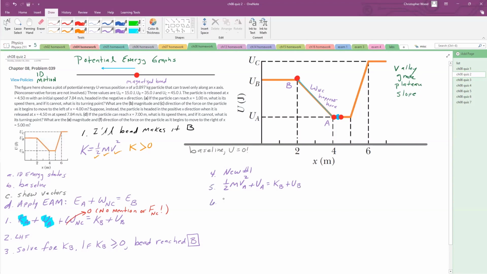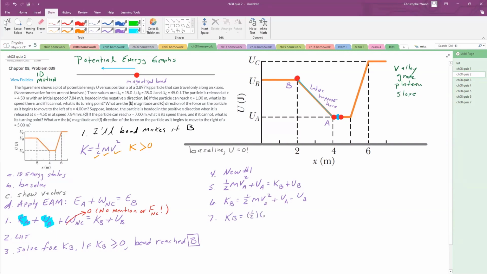Number 5. All right, so here's K_B. The kinetic energy at B is simply going to be the kinetic energy at A, 1/2 mv_A squared, plus U subscript A, minus U subscript B. Let's do this with numbers. Kinetic energy at point B is 1/2 times mass.